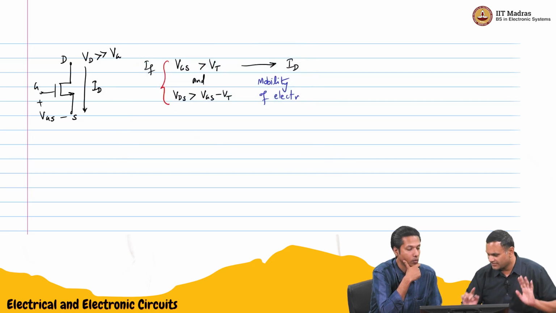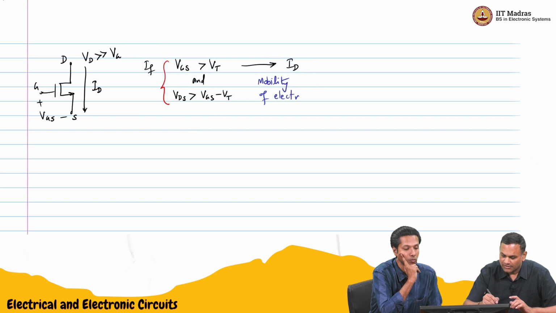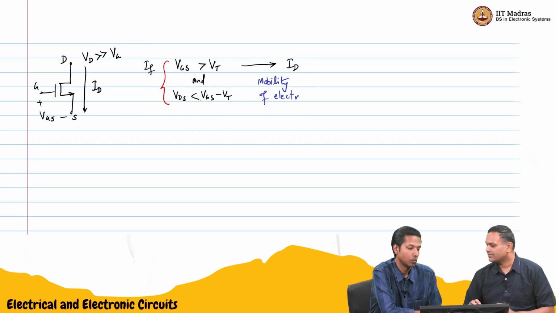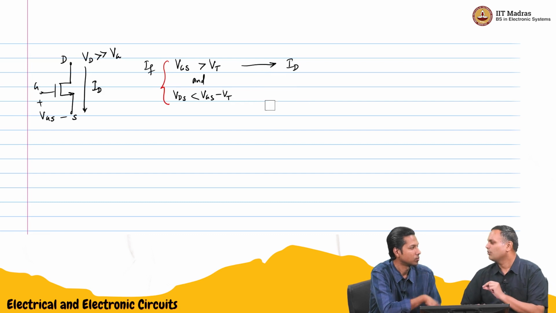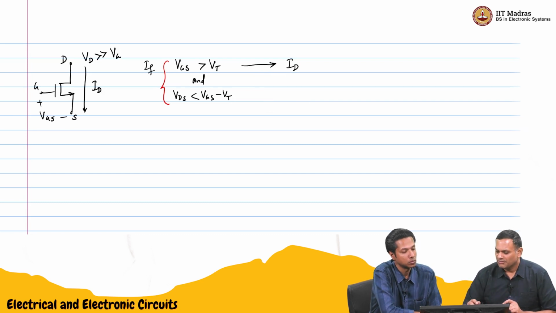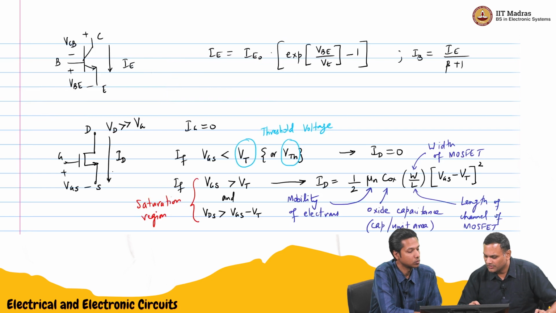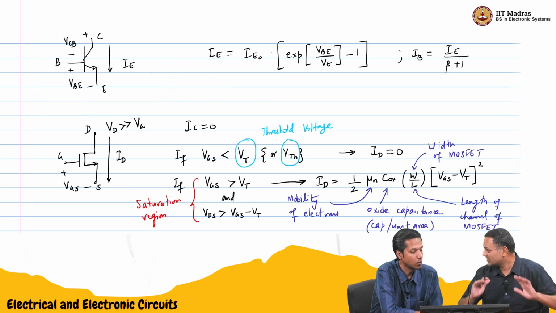So now VGS is still greater than VT, but VDS is less than VGS minus VT. Basically, VDS is a small voltage. So if you had the drain voltage much larger than the gate voltage, that is what this is saying.